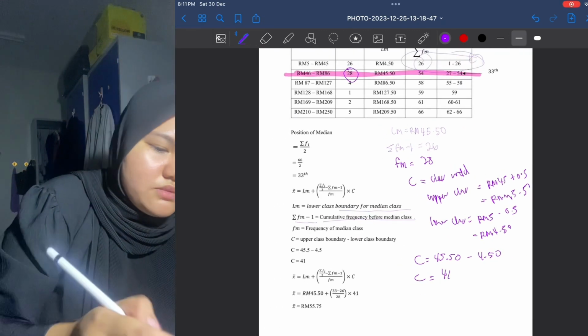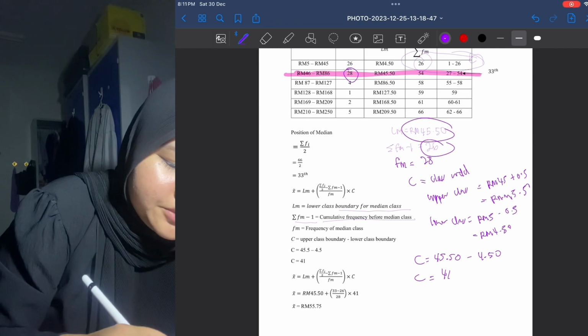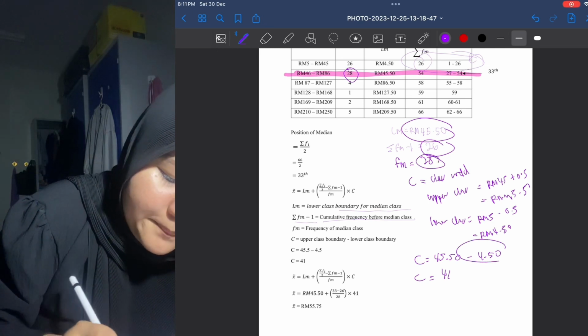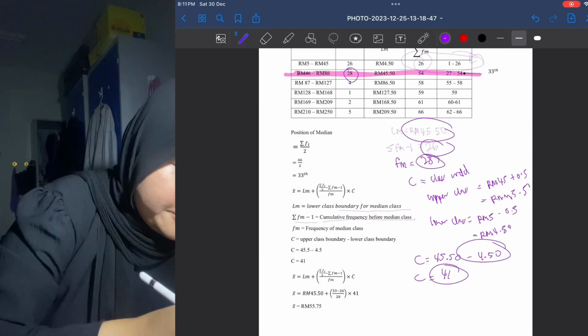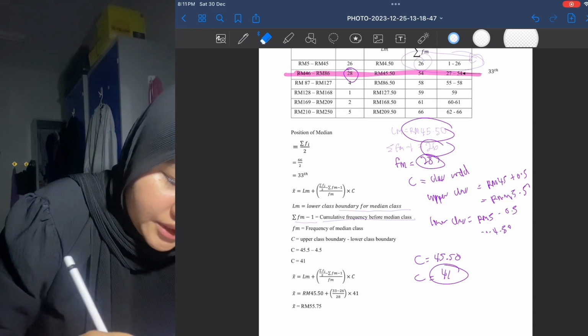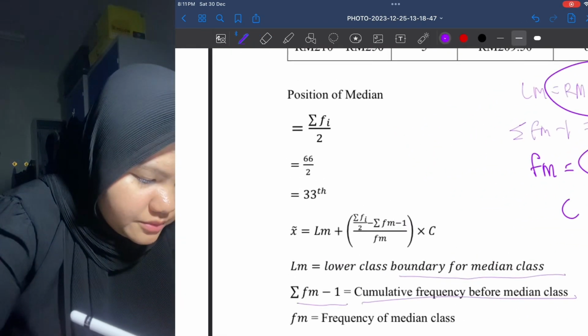Then just substitute these values into our formula. This is the formula.